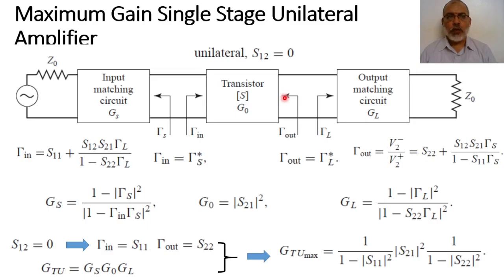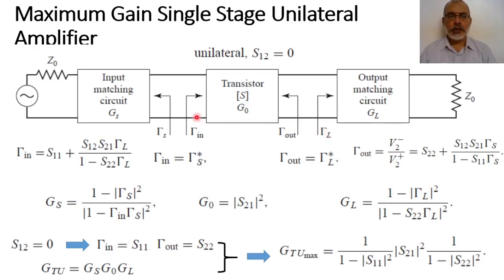So the condition for maximum gain is that gamma in should equal the conjugate of gamma source, and gamma output should equal the conjugate of gamma load.